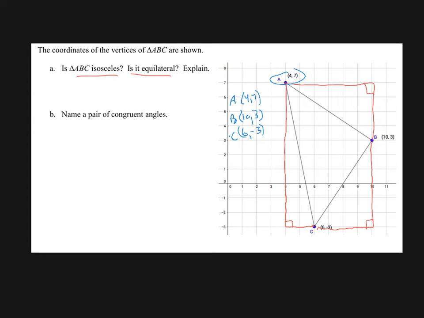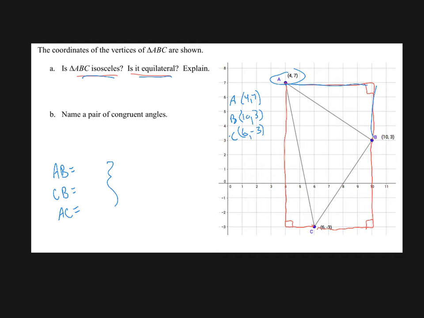But the Pythagorean theorem is a little bit easier. So if you just count side lengths and figure out the length of AB, so you're going to need the length of AB as an answer. You're going to need the length of BC or CB as an answer, and you're going to need the length of AC as an answer. And depending on how many of these are congruent will depend on whether or not you say it's isosceles, equilateral, or scalene.